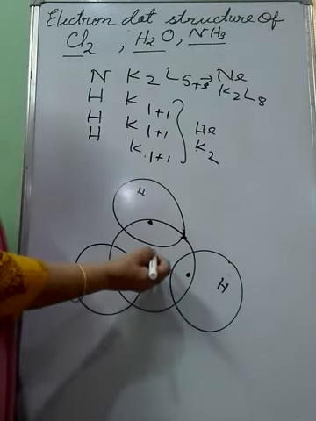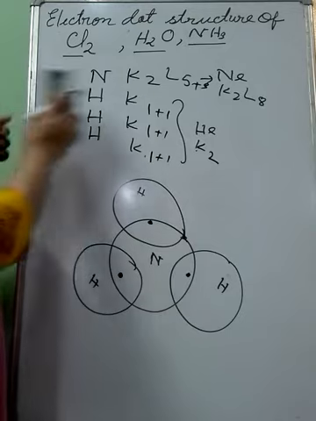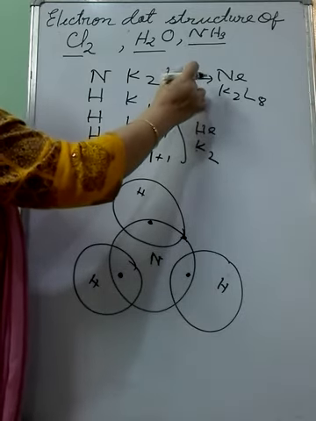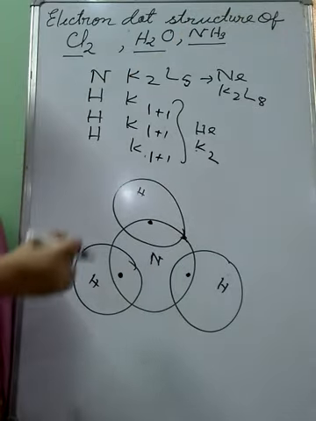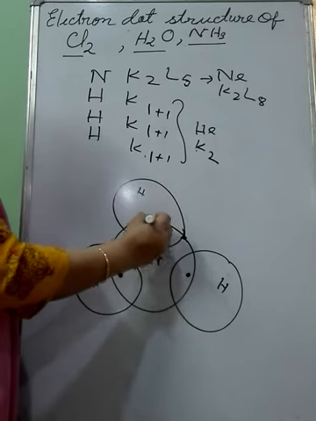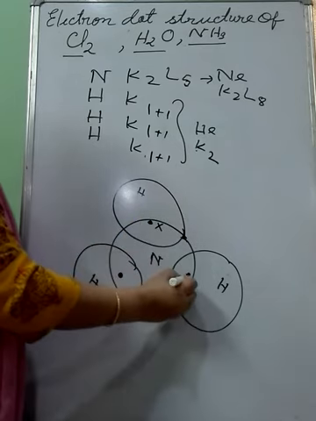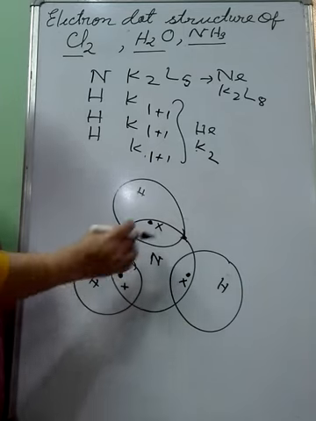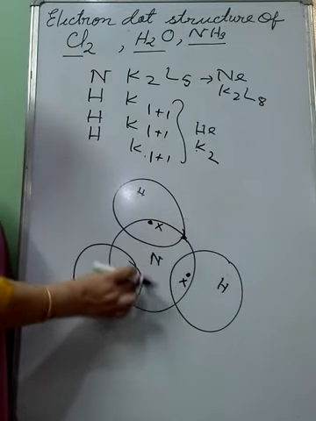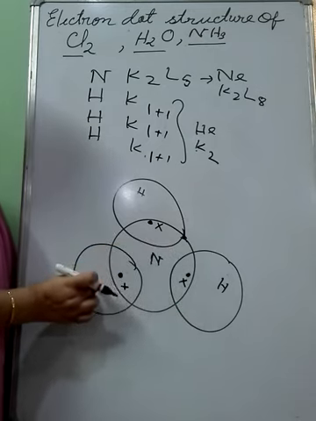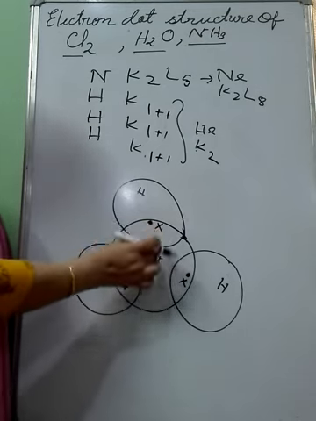Now this nitrogen has 5 electrons in the outermost shell. From this 5, it has to share 3, it has to give 3 in contribution. So 1 will be given together with this hydrogen, 1 with this hydrogen, and 1 with this hydrogen. That means this cross is given here in the overlapping region, shared with the dot of the electron of the hydrogen; this is the contribution of the nitrogen.